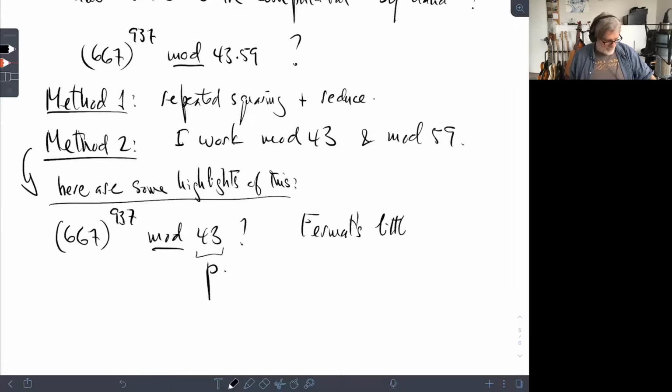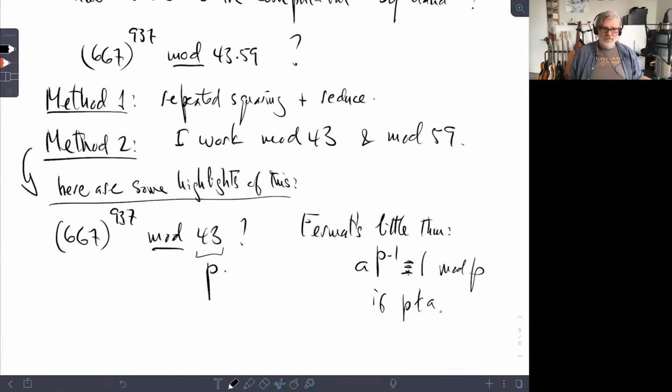Santa's little helper. Fermat's little theorem says that a to the p minus 1 is congruent to 1 mod p if P doesn't divide A. So I have to check that P doesn't divide 667. It doesn't. We're lucky. Okay.